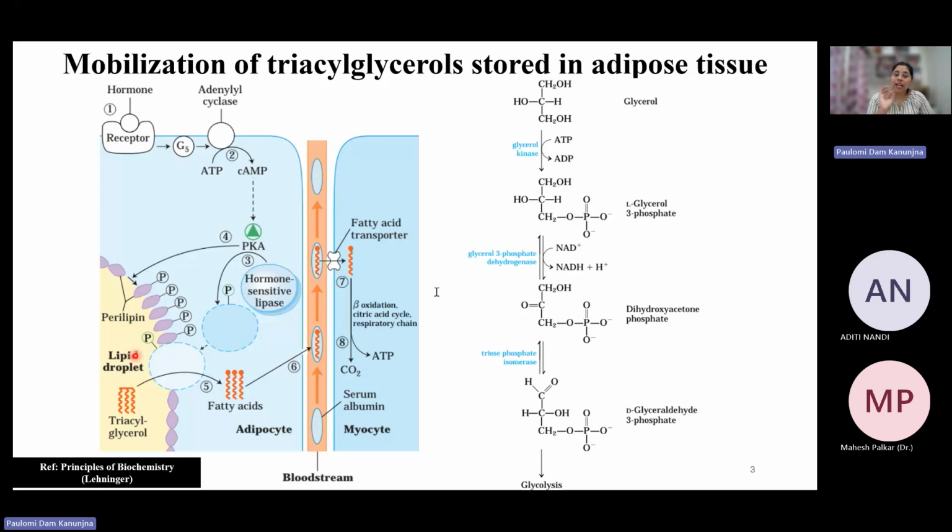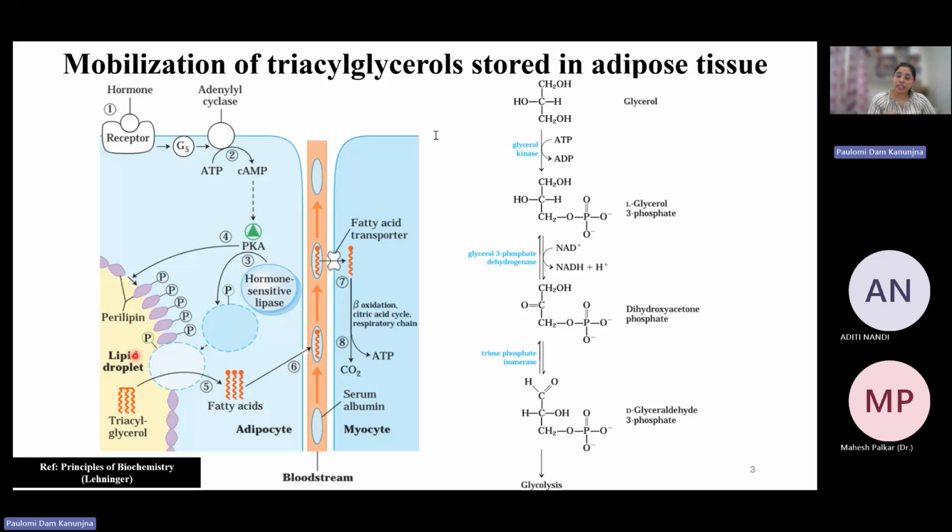Now, this whole cascade depends on the cell removing the perilipin, but it has to be under very strong regulation. Otherwise, if it is easily removable, then there's no point of perilipin being on the surface of the lipid droplet.